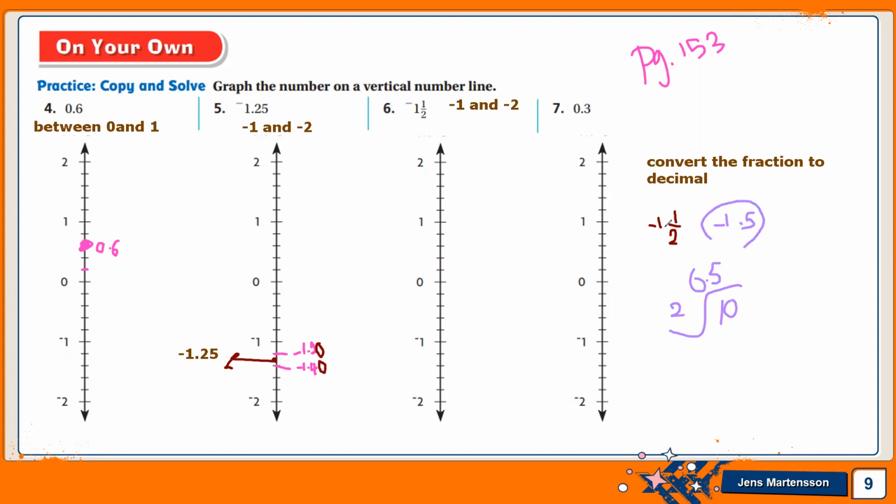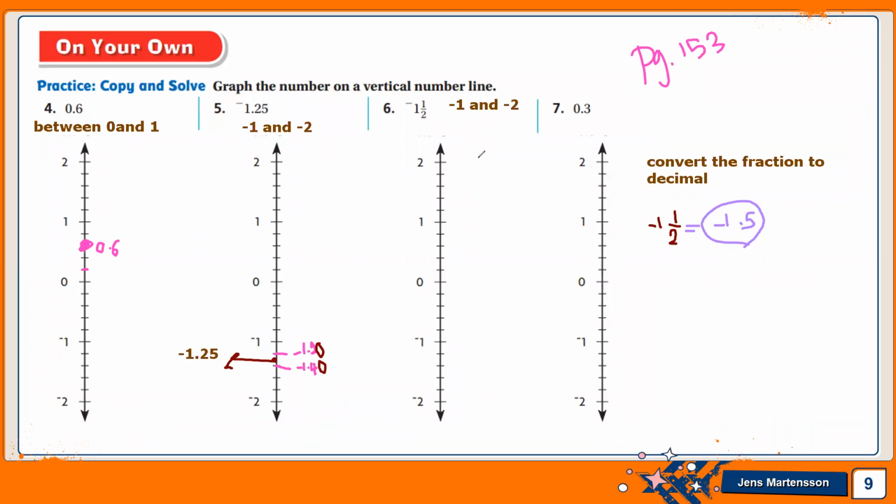So it comes as negative 1.5. Sorry, teacher, I thought you said multiply. Okay, it's okay.